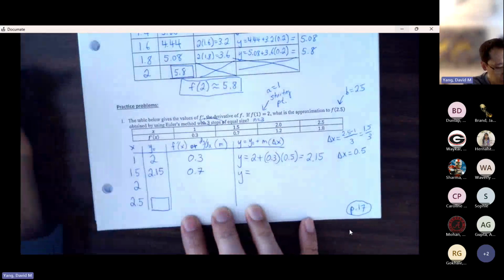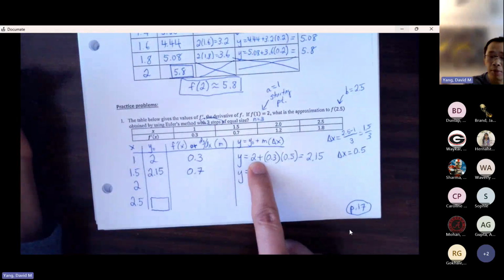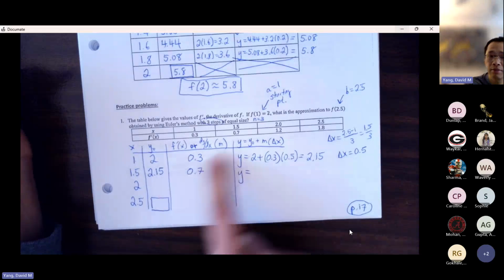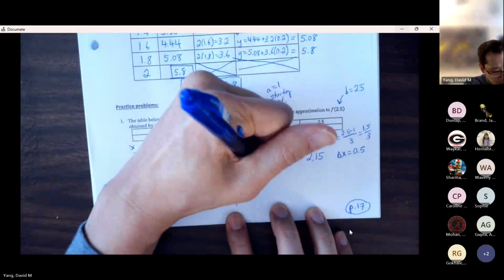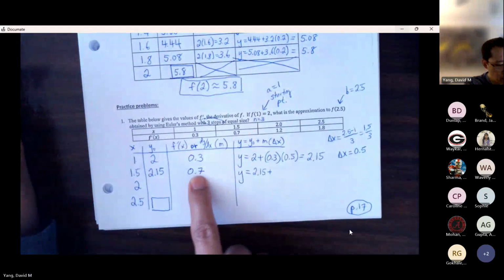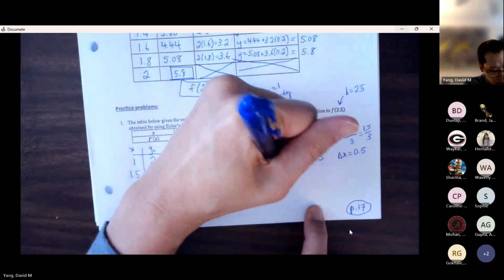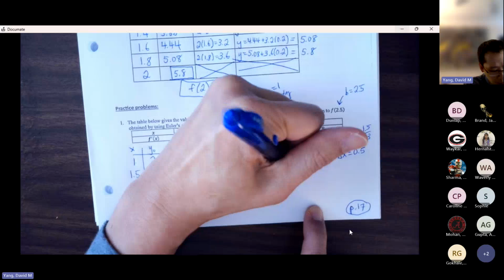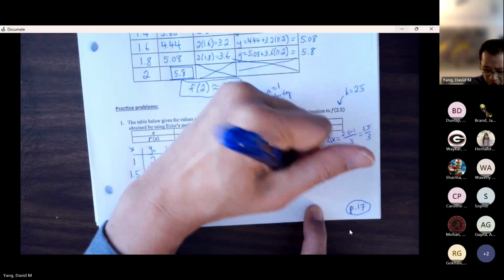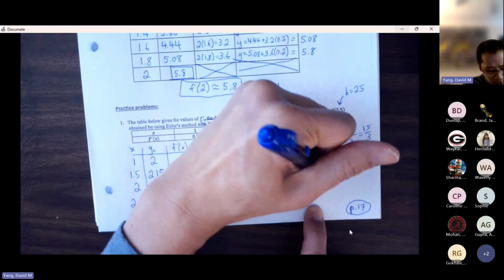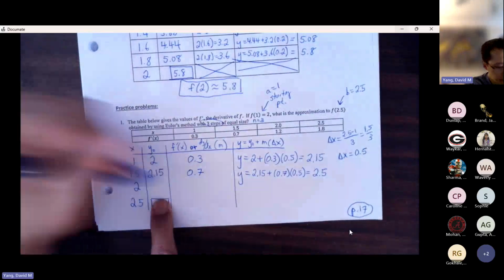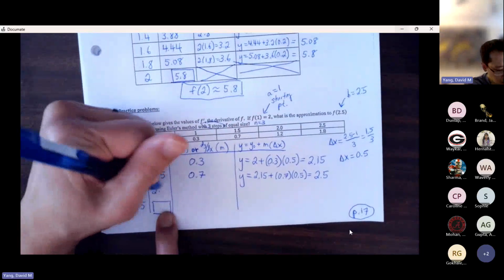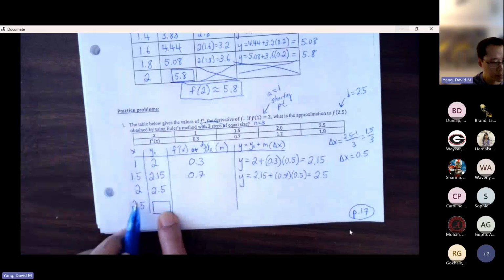Y is equal to our current y value, in this case 2.15, plus our slope, 0.7, times our step size, 0.5. We get 2.5. Take that 2.5, bring it down to the next row, repeat the process.